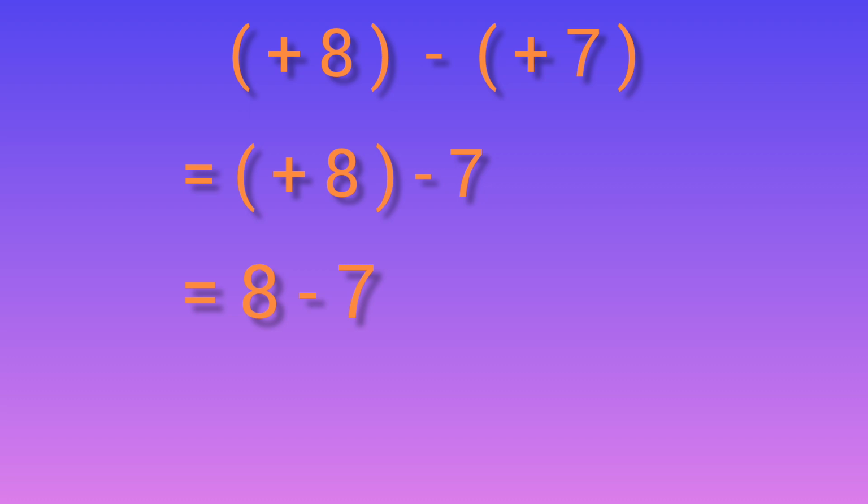So if we could rewrite our fifth example, it will be a positive 8 minus 7. And a positive 8, we can simply write it as an 8 without the positive sign, and it will still be the same. It's 8 minus 7. And we all know what is 8 subtract 7, it will give you a 1. So our answer is a positive 1.